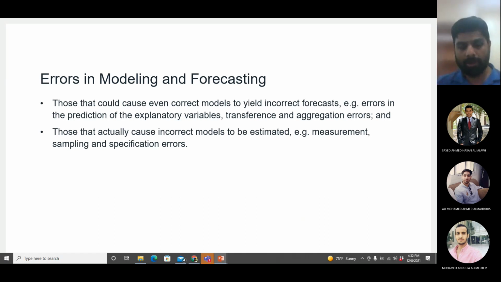So you wanted a linear model and you have a linear model. Okay, and you wanted to have variables A, B, C in the model, and you have variables A, B, C in the model. So the model is correct, but still it is giving you wrong answers, incorrect forecasts. Why? Because maybe the values which you are putting in the model are not correct. For example, you have a model for calculating car ownership, and in that model you are putting the value of income.